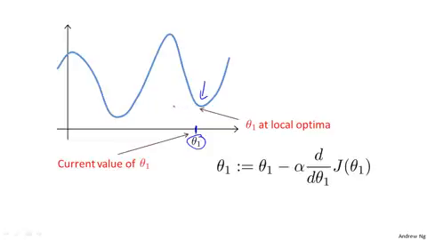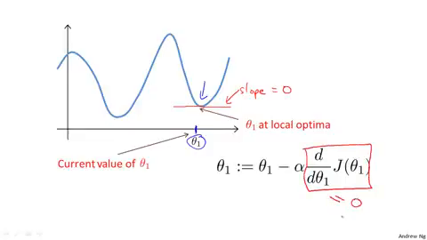So let's look at that slope, right? It's that tangent point. So the slope of this line will be equal to 0, and thus this derivative term is equal to 0. And so in your gradient descent update, theta 1 gets updated as theta 1 minus alpha times 0.